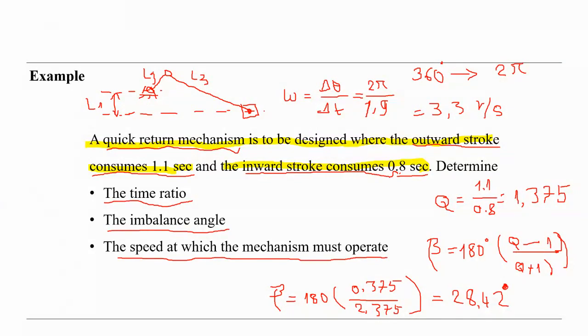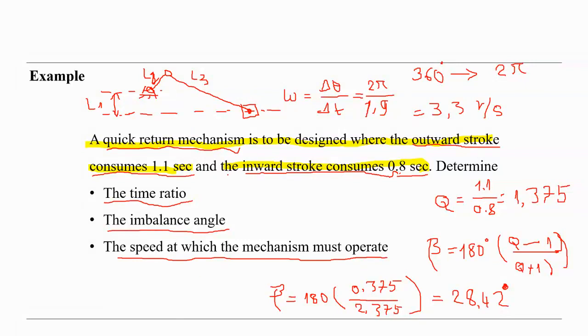This is 2. L1, L2, and L3. Then we have to be sure that the outward stroke will take 1.1 seconds and the inward stroke will take 0.8 seconds. So that means the angles will be different.